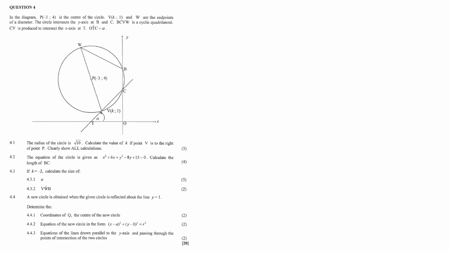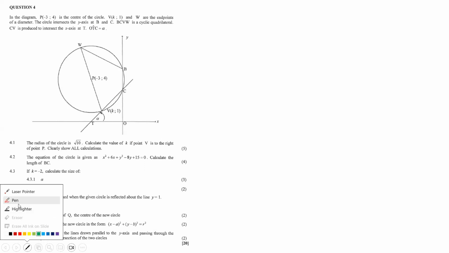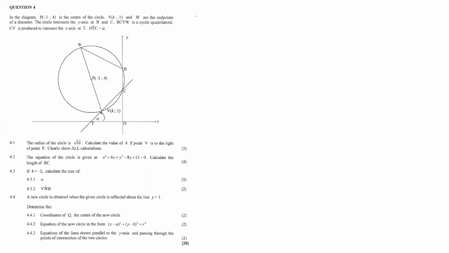Now, this one is about a circle diagram. Let's move on now and do this one. Right at this point, we're looking at question 4, and we're looking at the solution to it. In the diagram, P has coordinates minus 3 and 4, and is the center of the circle.